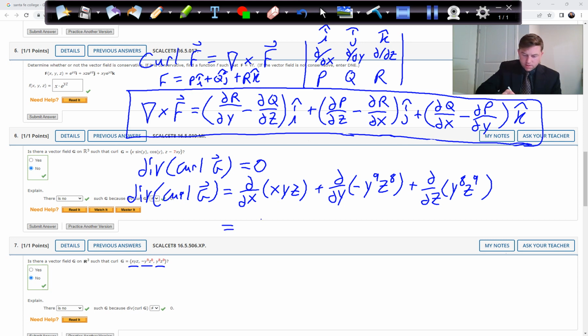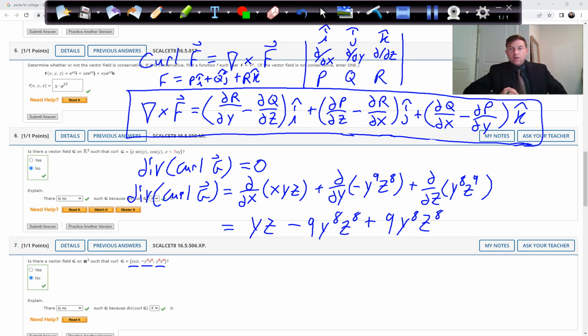So we're going to get yz, minus 9 y to the 8th z to the 8th, plus 9 y to the 8th z to the 8th.